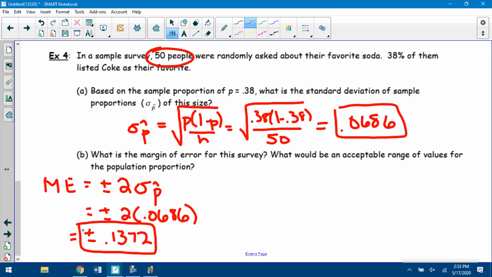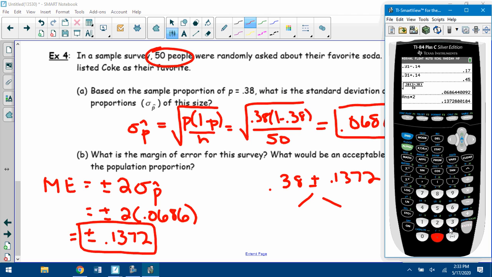So the acceptable range of values would be from that sample proportion of 0.38, add or subtract the margin of error, 0.1372, and that will give me my range of plausible values. So 0.38 minus 0.1372 gives me that number, and 0.38 plus 0.1372 will give me that number.